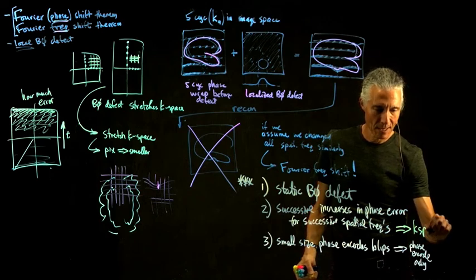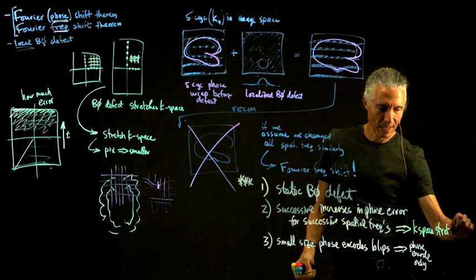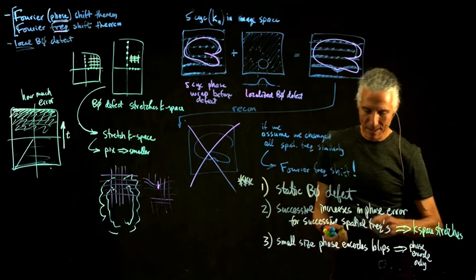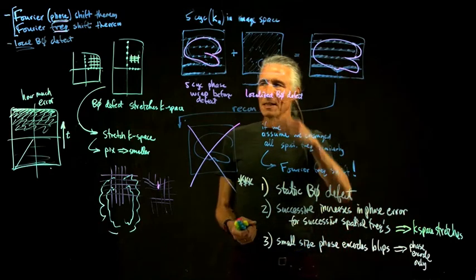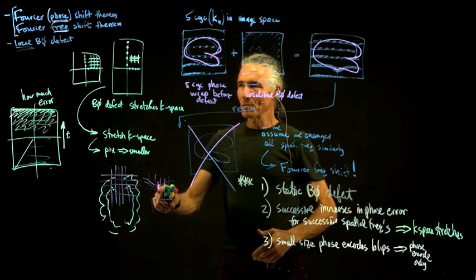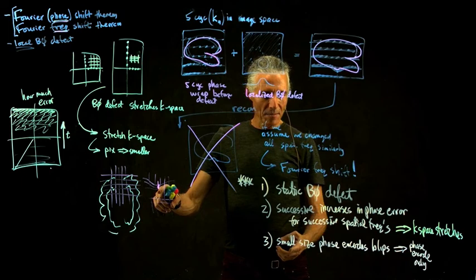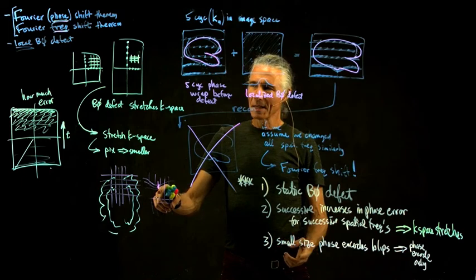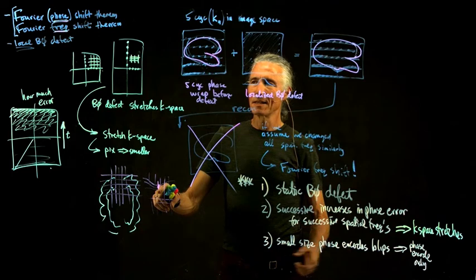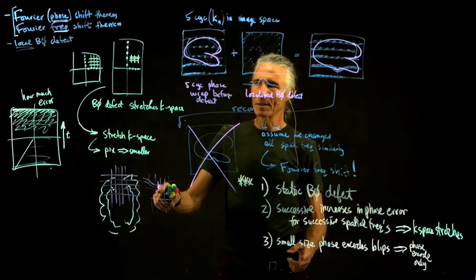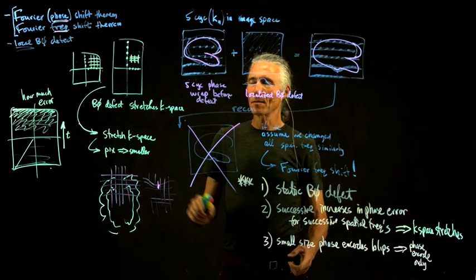K-space stretches, and when k-space stretches, that means that the pixels get smaller, and so you squish your image. But it only occurs in the phase encode direction because the readout gradients are so big relative to the B0 defect that there's much less of an effect than there is for these tiny little blips.